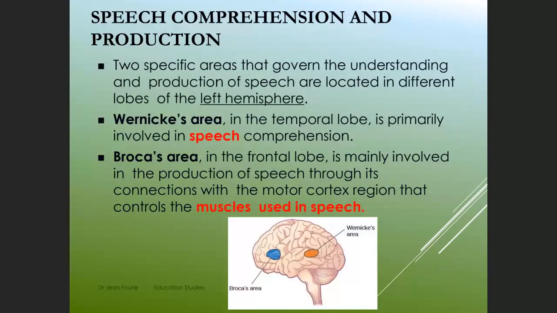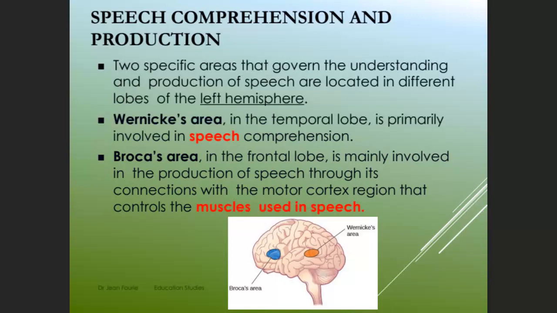There are two specific areas that are to do with your understanding and production of speech, and these are located in the left hemisphere. If we look at the left hemisphere of the brain, there is an area called Wernicke's area, in the temporal lobe.